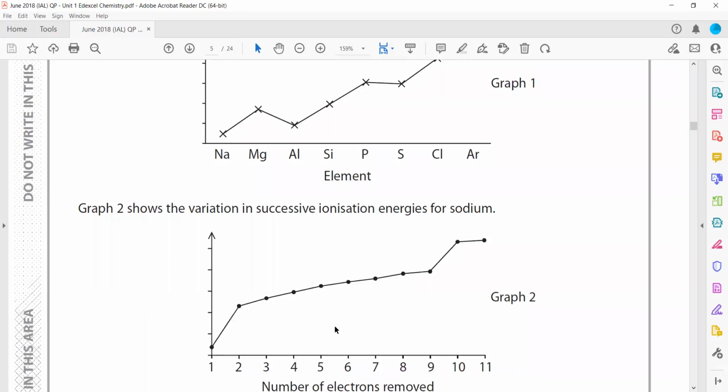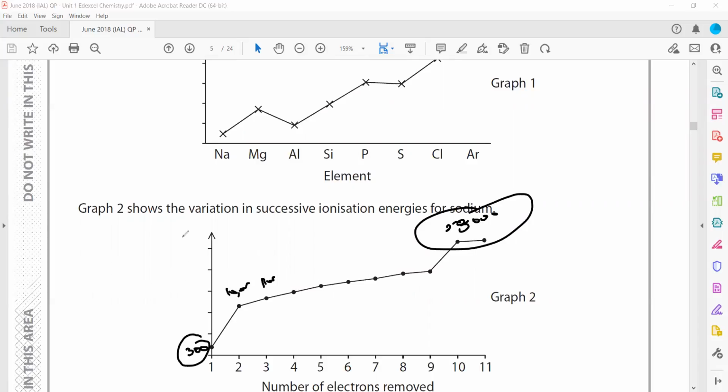But for an atom, when we are removing successive electrons, there will be a large difference in ionization energy. Maybe the first value might be 300, the second might be 10,000, the third might be 11,000, and even this value might be 23,000. So it will be difficult to plot them on the same scale.